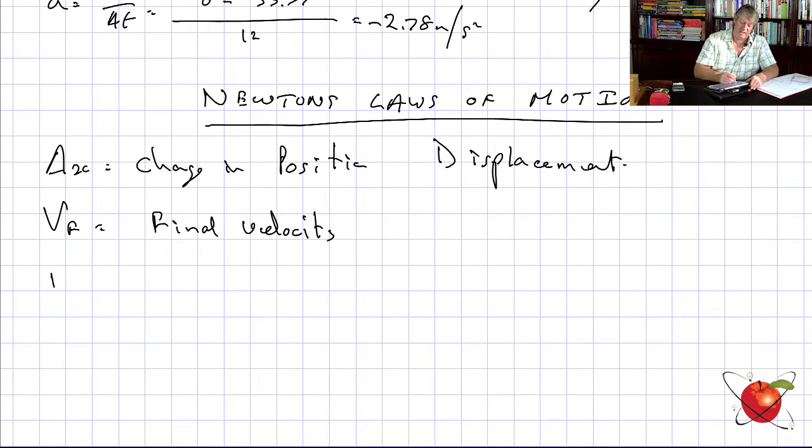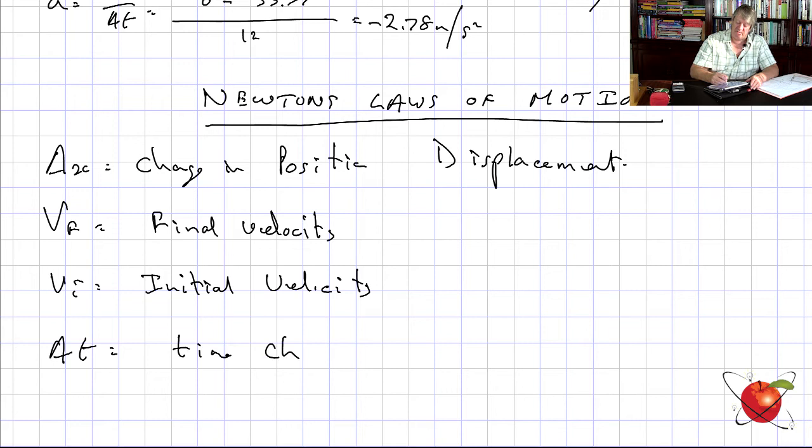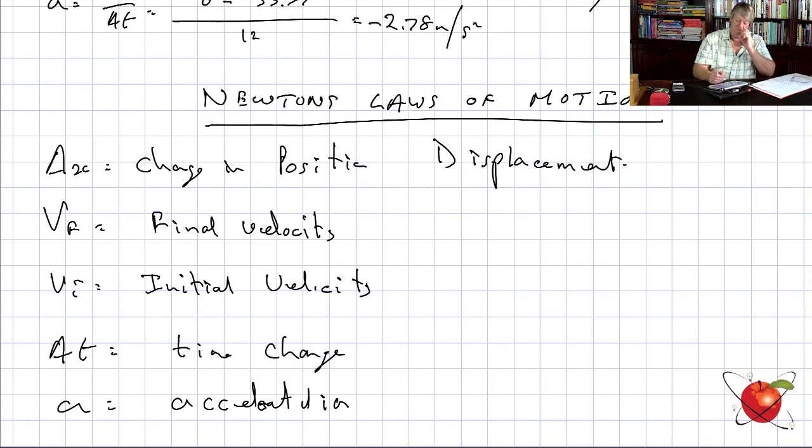V initial is initial velocity. Delta t is change in time. And lastly, a is acceleration. Okay, I am going to respell that.